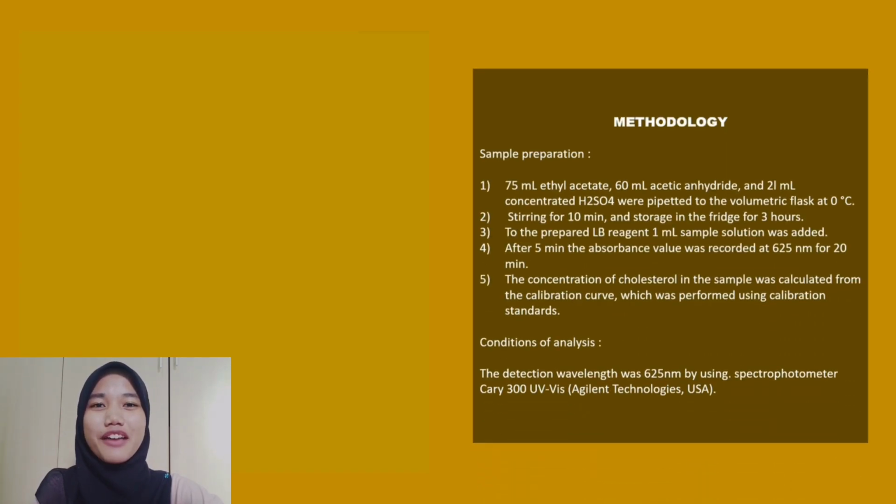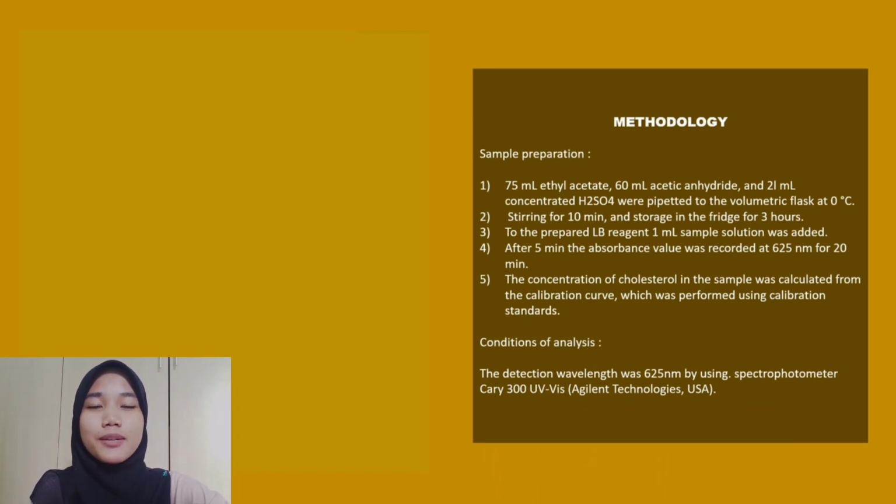First, 75 ml ethyl acetate, 60 ml acetic anhydride, and 21 ml concentrated H2SO4 were pipetted into the volumetric flask at 0 degrees Celsius. Second, stir for 10 minutes and store in the fridge for 3 hours.